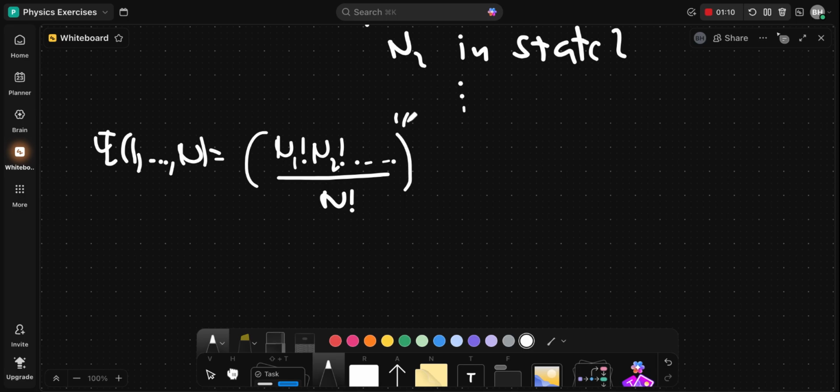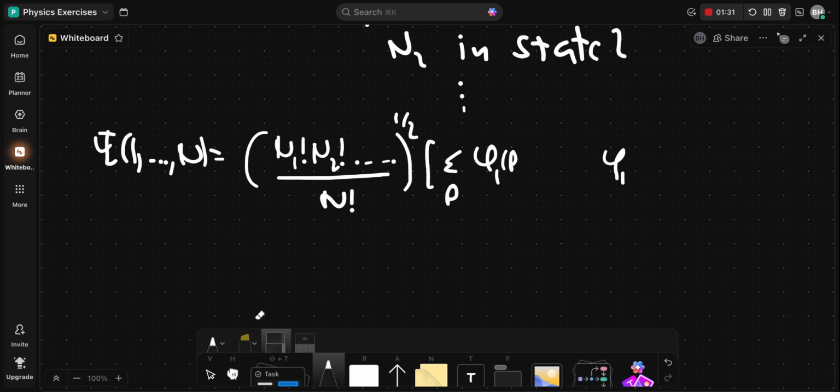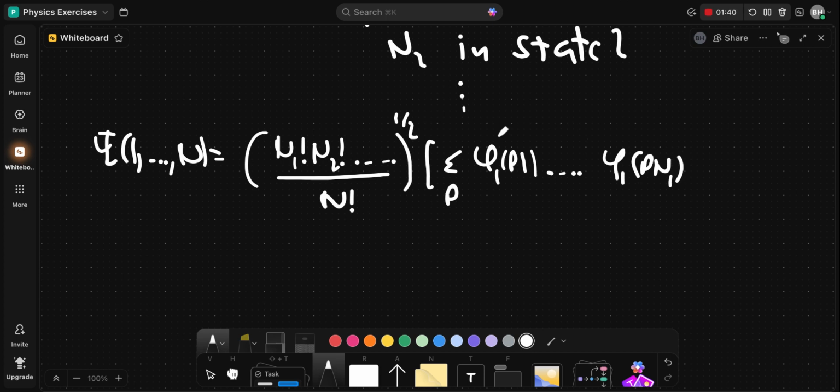And the other piece that it will have is a sum over all distinct permutations, where I'm going to put the first member of that particular permutation here, and then I have P n1, and I have n1 of these multiplied together.